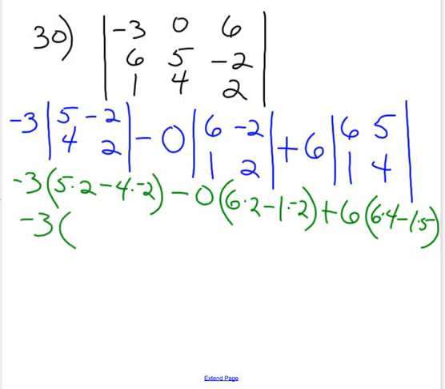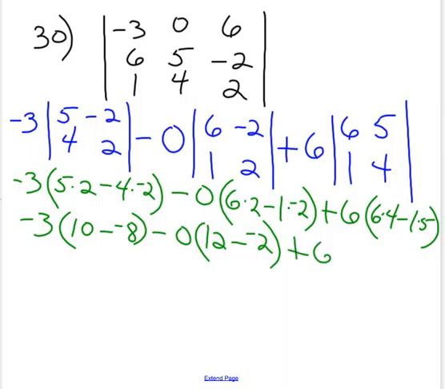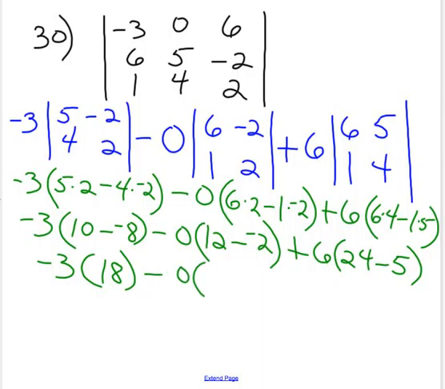This would be -3 times 10 minus -8. This would be 0 times 12 minus -2 plus 6 times 24 minus 5. I'm just going to continue to keep working through each subsequent step. This is now -3 times 18 minus 0 times 14 plus 6 times 19.